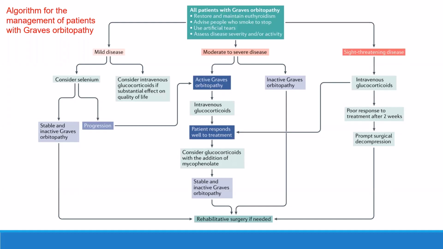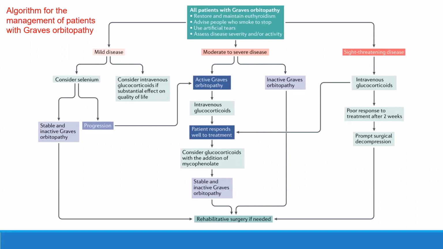Don't forget that intravenous glucocorticoid is an updated item, because in previous editions and guidelines they recommended oral high-dose glucocorticoid, but nowadays intravenous glucocorticoid is the first choice. Moderate to severe Graves' orbitopathy, if active: intravenous glucocorticoid is the first choice.